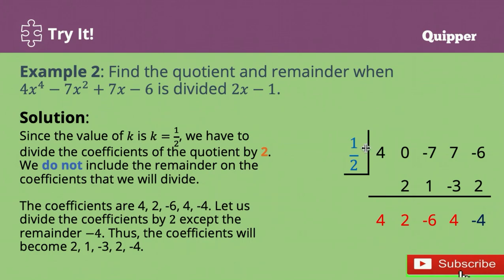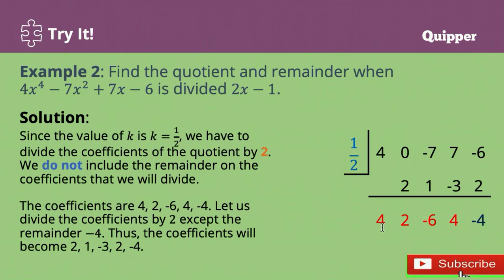Since the value of k is equal to 1/2, we have to divide the coefficients of the quotient by 2. Again, we need to divide these numbers by 2, except the remainder. The coefficients are 4, 2, negative 6, 4, and negative 4. But take note again, we will not include the remainder.